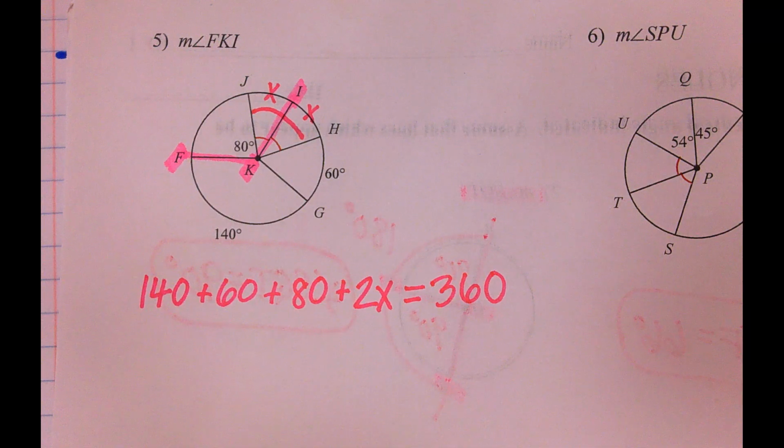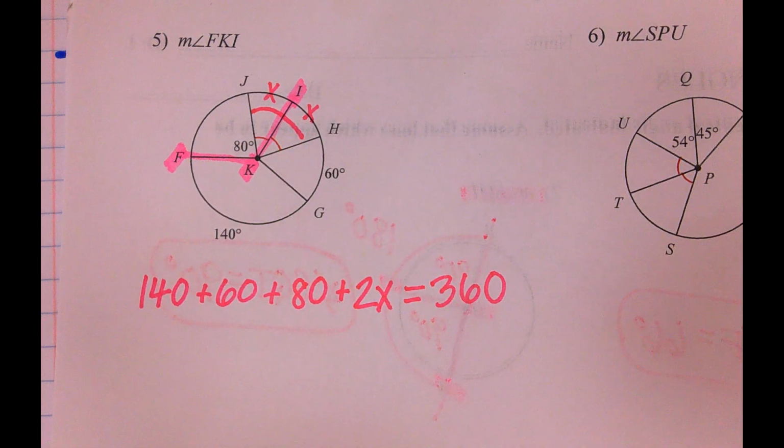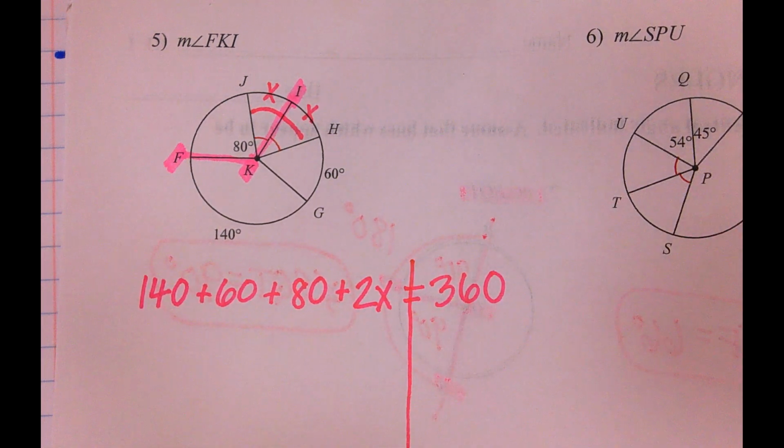Do we see where this equation came from? We just added everything together. We gave those 2 angles the same name only because they have the same measure. That arc tells us that. So I have my equation. What would I do first?